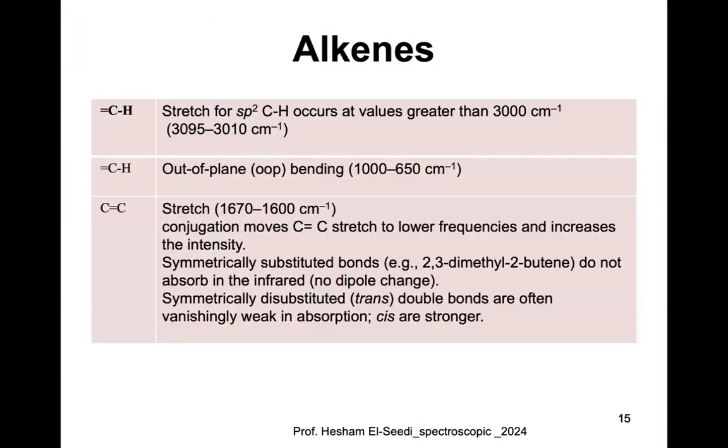If we take alkenes, what do you expect to see? The CH, which is stretching, then the bending, which is a lower value, and the double bond, which is in the middle value. So three types of peaks, stretching and bending, while C double bond C is in the double bond region.